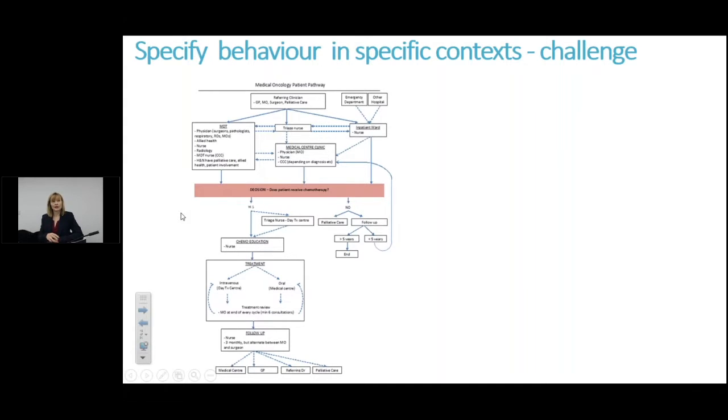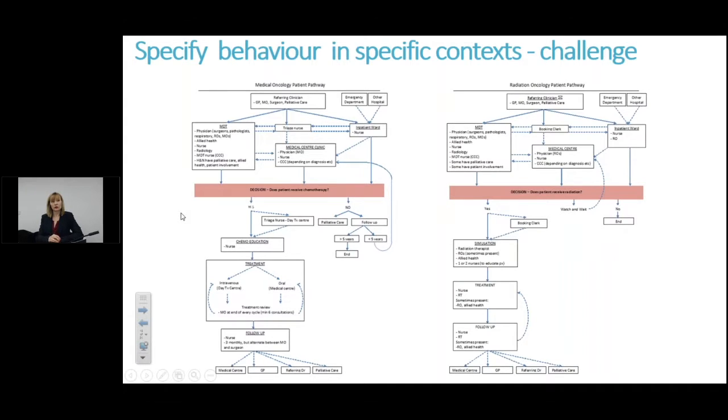So that's a challenge in itself to try and deal with that kind of setting. So that's medical oncology. We did the same thing in radiation oncology, and they have quite some similarities, but they are different. As you can see, there's a few different boxes from the left to the right-hand side of the screen.